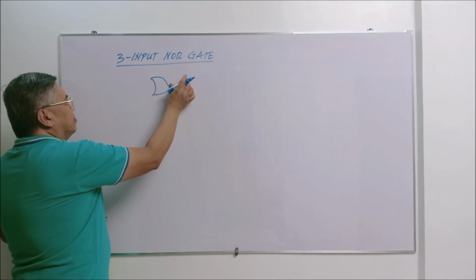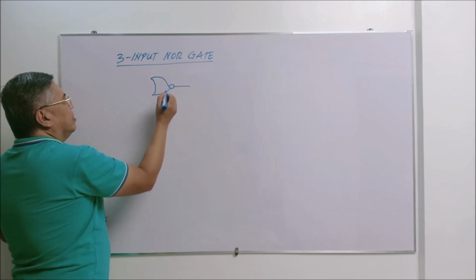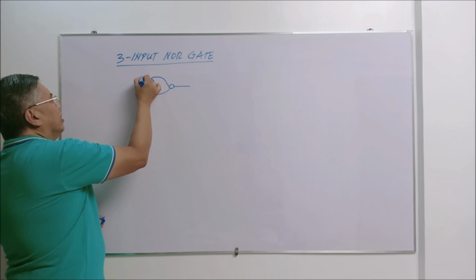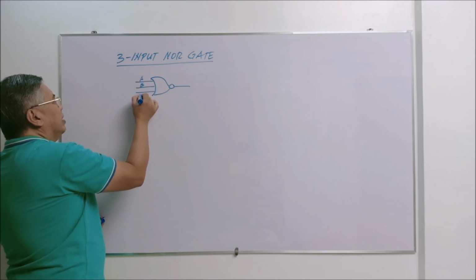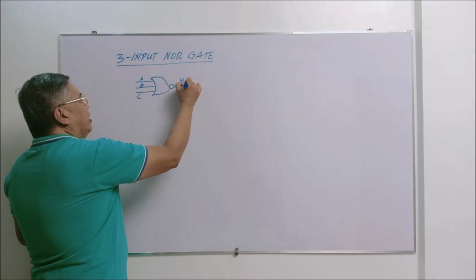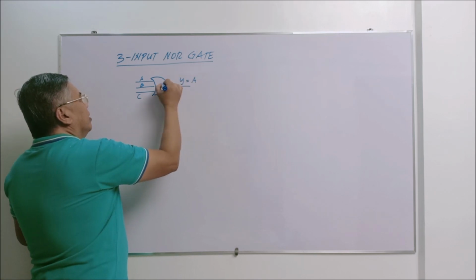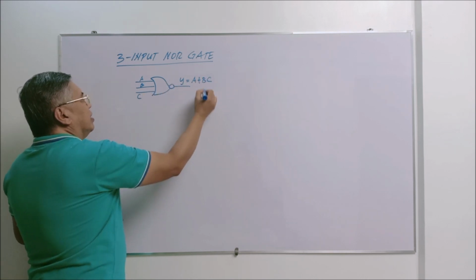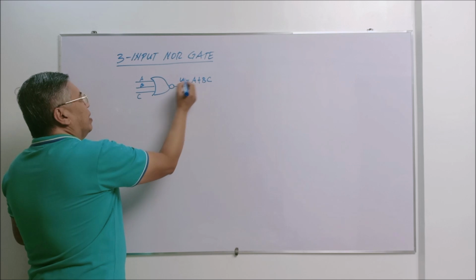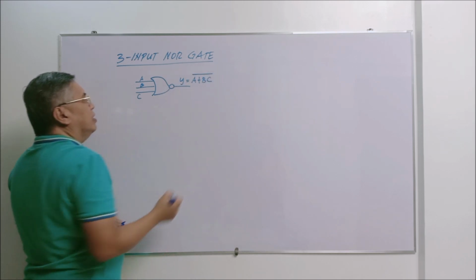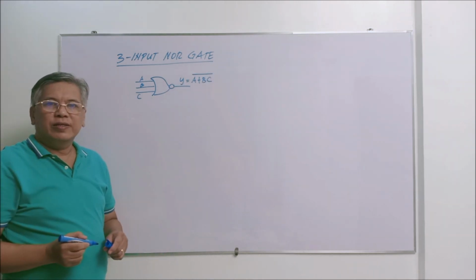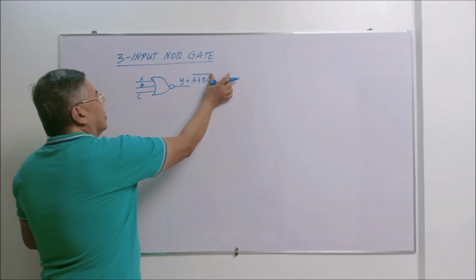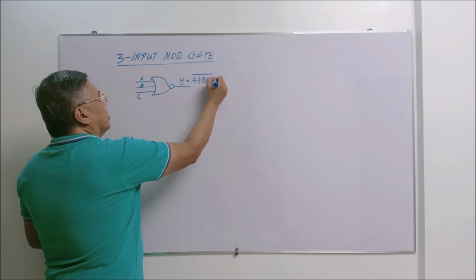You have a bubble here, and then you have 3 inputs represented by A, B, and C. So the output Y here will be equal to A plus B plus C, then you have here a bubble which is represented by a complement. So this is (A plus B plus C) complement.